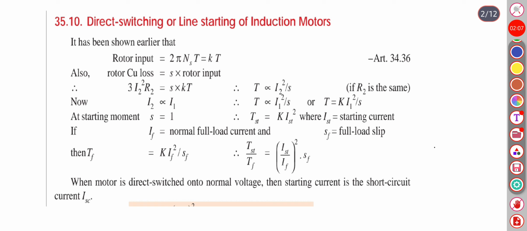What happens when we directly switch on the induction motor to a three-phase supply? As we know, rotor input is omega T or kT, and also the rotor copper loss 3I square R is proportional to S times the rotor input, where this is the rotor input and this is the slip.